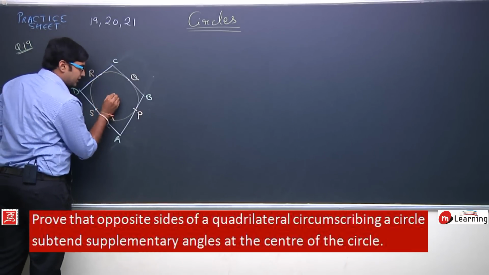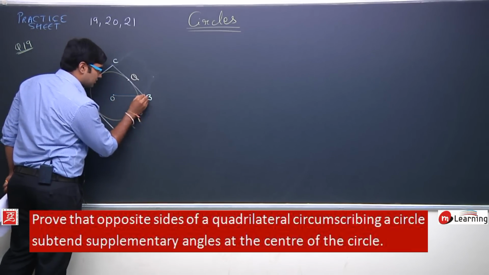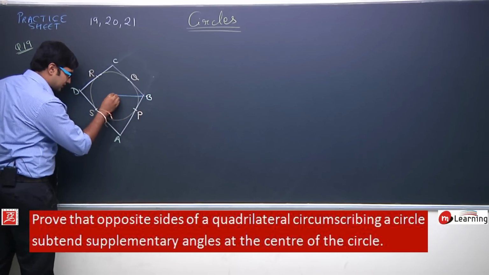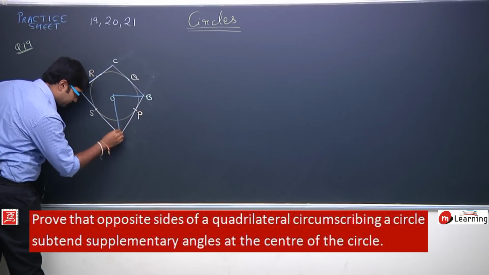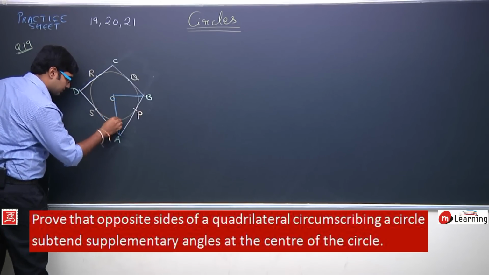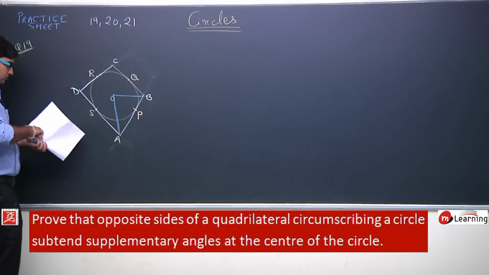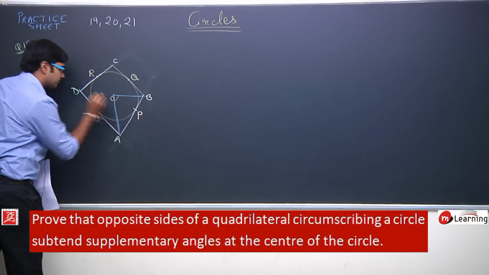So by joining the center O with point B and joining the center O with point A, we are going to have this angle.